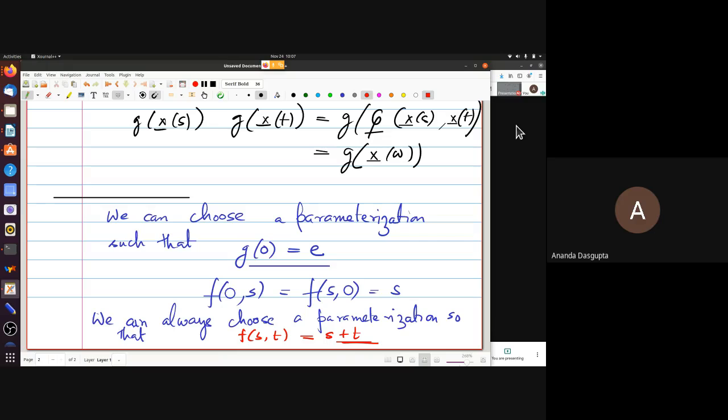That is, you can always find a one parameter additive subgroup. Are there any questions about this so far?